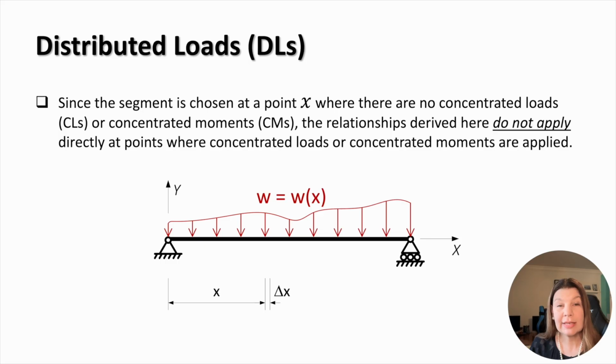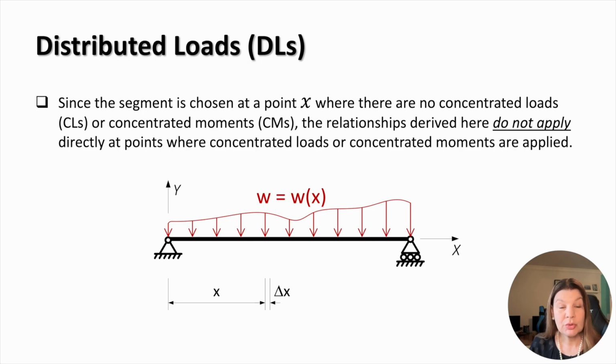It's important to recognize that this derivation applies only to regions of the beam where there is no concentrated load or concentrated moments. The beam segment is selected at a general point x along the beam, where the loading varies continuously.